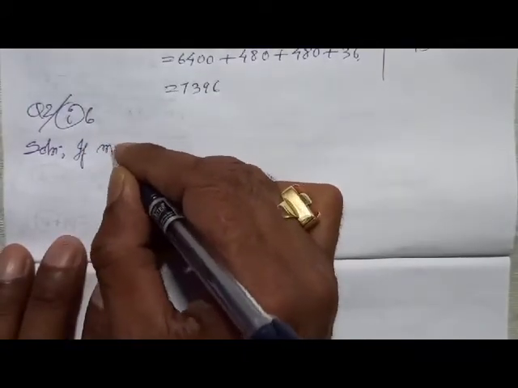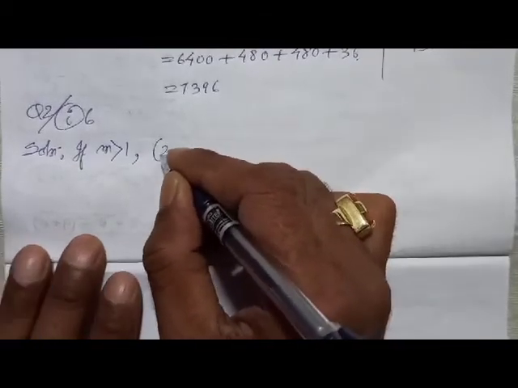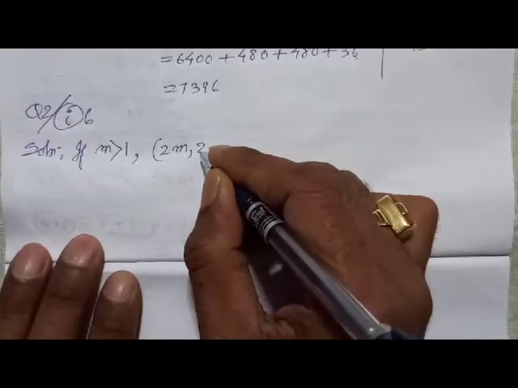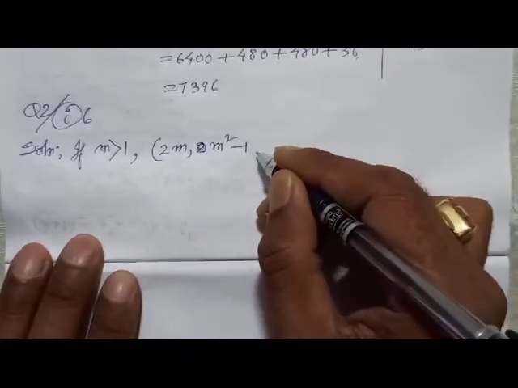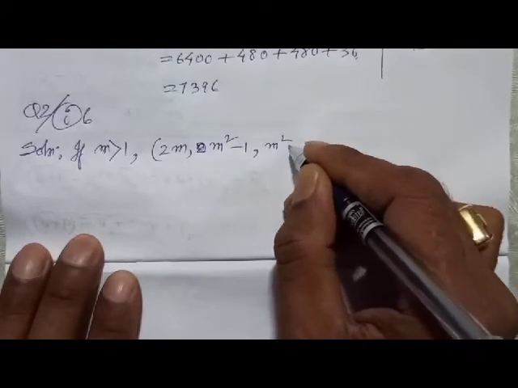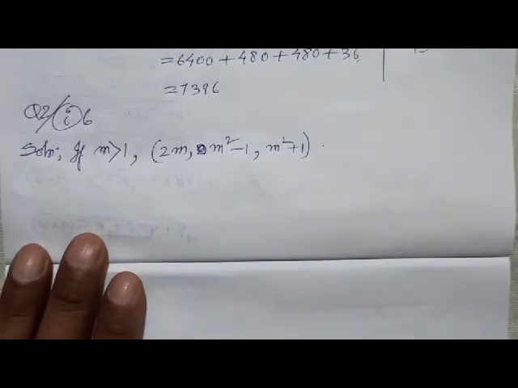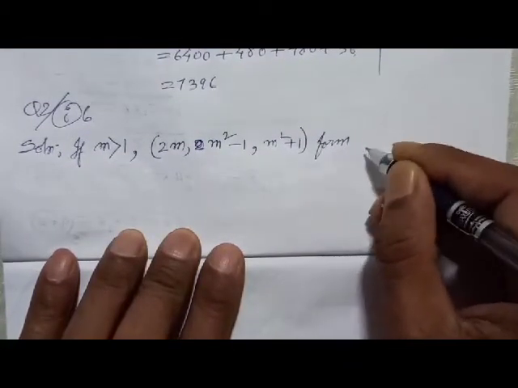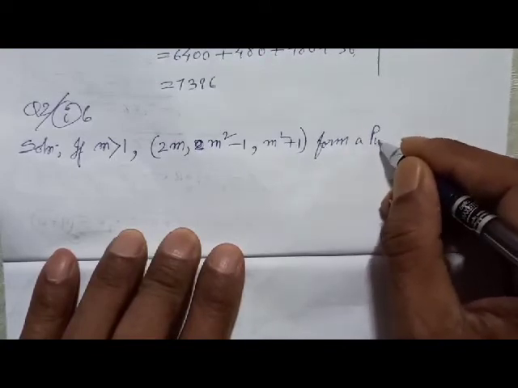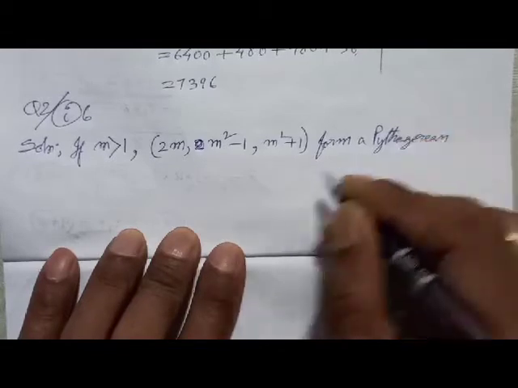If m is greater than 1, then 2m, m square minus 1, m square plus 1 form a Pythagorean triplet.